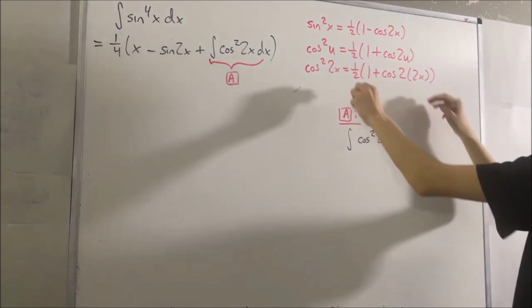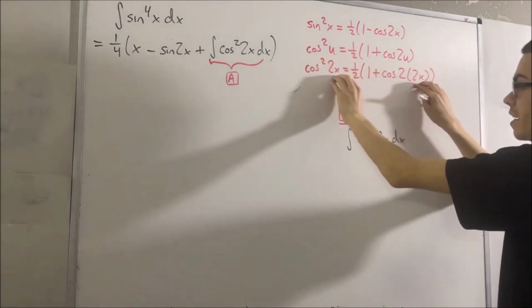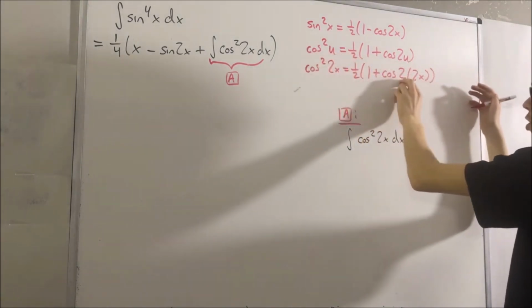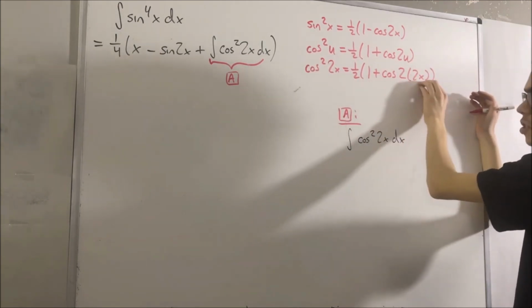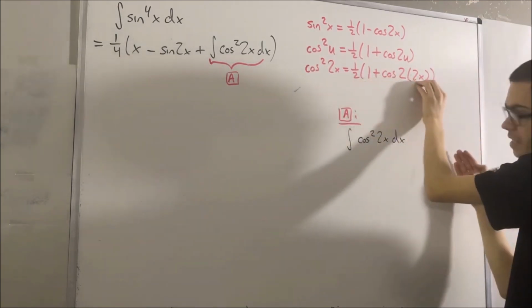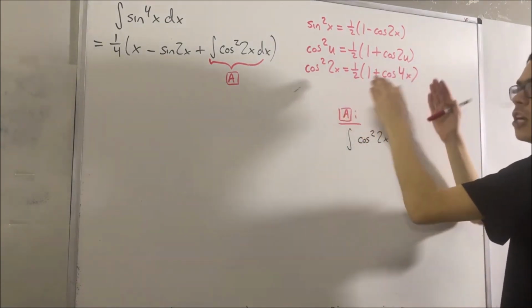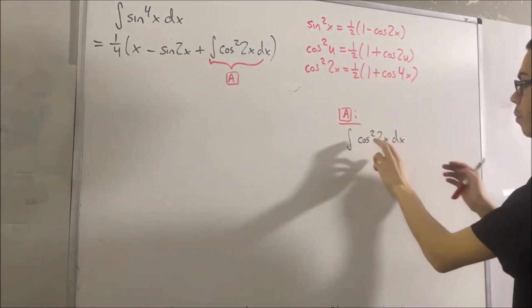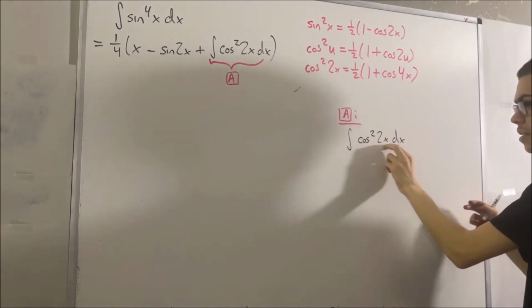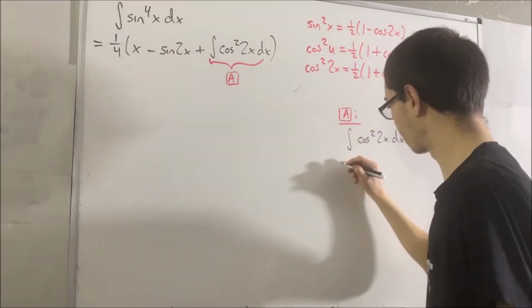As you can see, I've replaced u with 2x. And of course, 2 times 2x is just 4x, so really we have cosine of 4x. So just like that. But what that means is we can now replace cosine squared of 2x with what we have here.